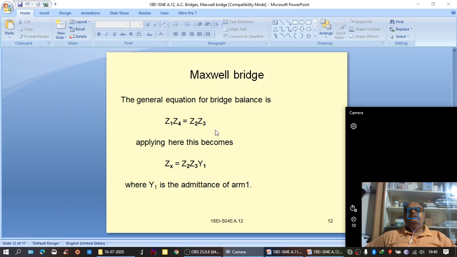So the condition for bridge balance, Z1 Z4 equal to Z2 Z3, can be rewritten as Zx by Y1 is equal to Z2 Z3, or simply Zx is equal to Z2 Z3 Y1.